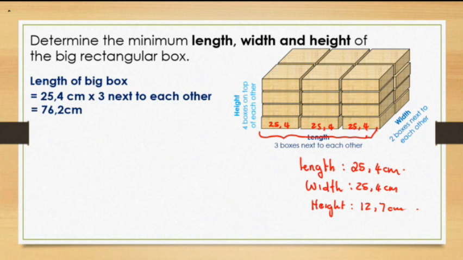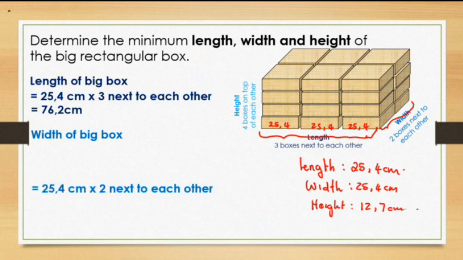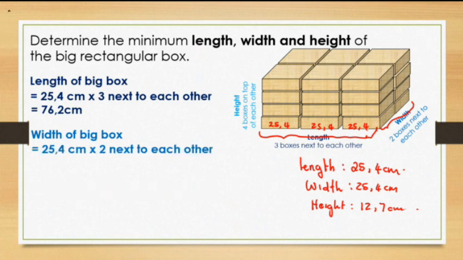Now let's deal with the width. The width, as you can see, has 2 boxes there, so we just need to multiply by 2. 25.4 centimeters times 2 gives us 50.8 centimeters.